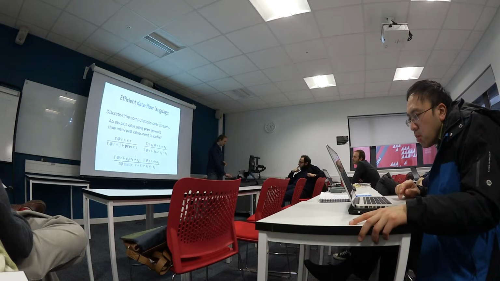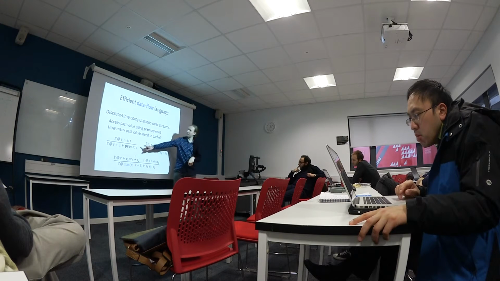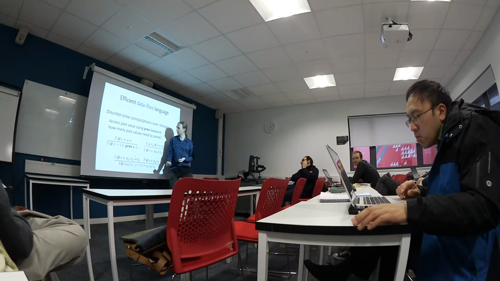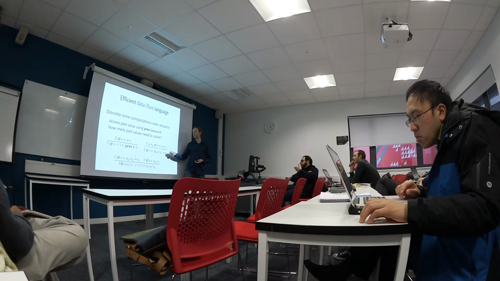So in the data flow, you have this prev keyword where we're just saying if you need r past values and you wrap this in prev, you need r+1. And in the lambda abstraction, when you have somebody that needs r past values, it means that you need r past values of the input and also r past values of everything that's in your current context.